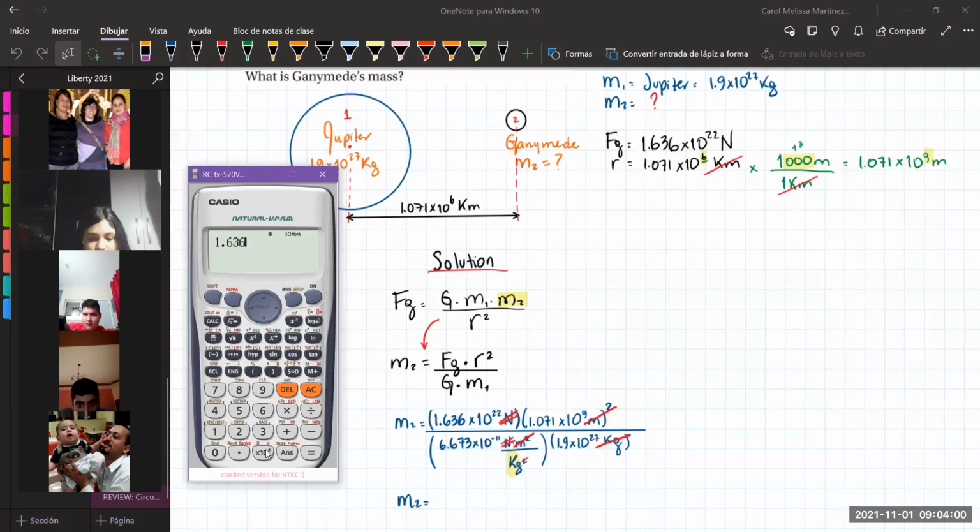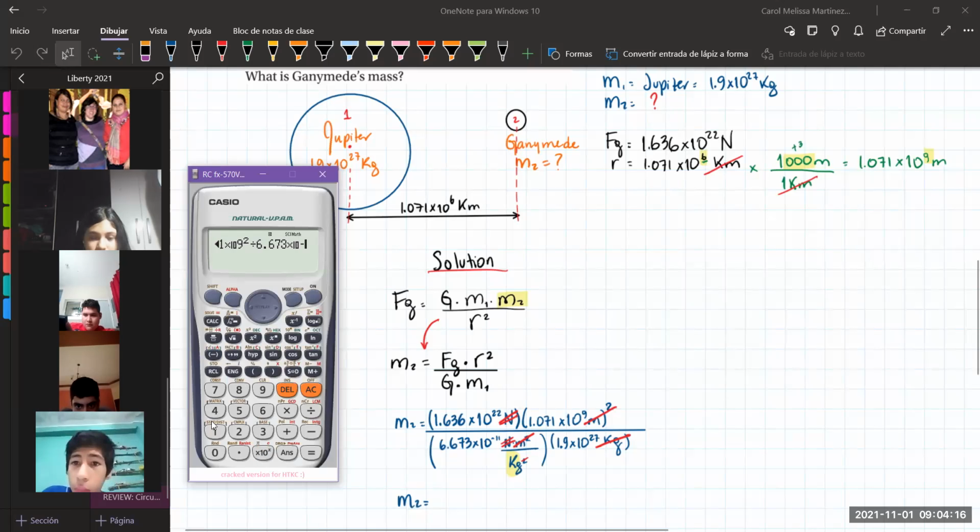1.636 exponential 22 times 1.071 exponential 9 raised to the second power, divided by 6.673 exponential negative 11, divided by 1.9 exponential 27.